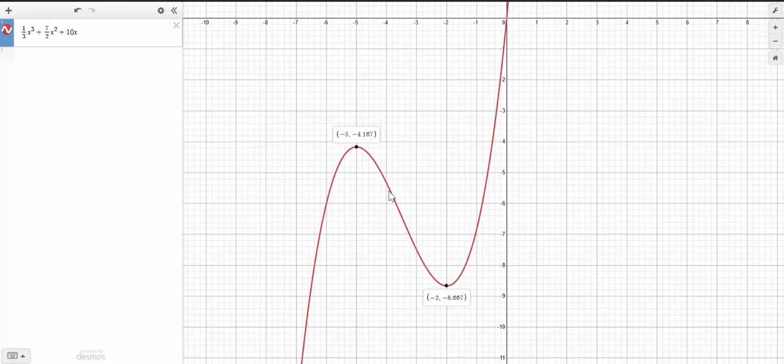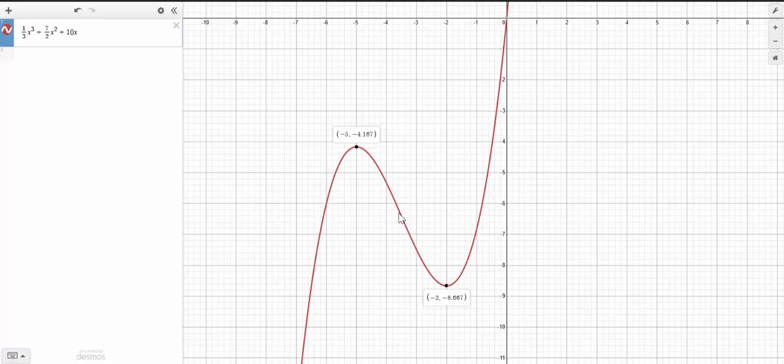Now, at some point, we go from concave down, opening down, to concave up. Maybe, just eyeballing it, maybe along here. This right here, where it transitions from opening down like this, concave down, to concave up, that value for x, that's inflection.